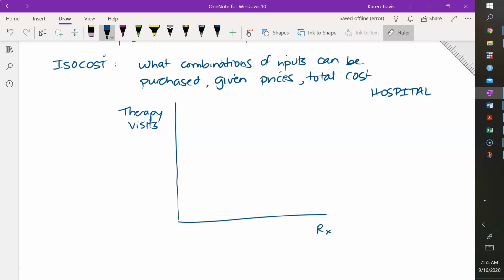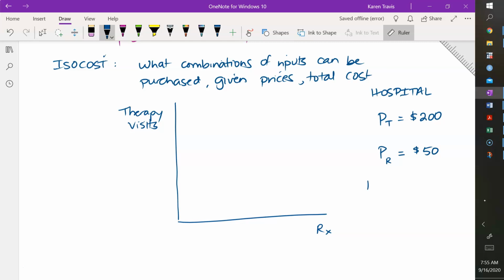So let's suppose the price of therapy is $200 a unit, while the price of a prescription to the hospital is $50 a unit. So we can think about what combinations are possible in order to purchase.